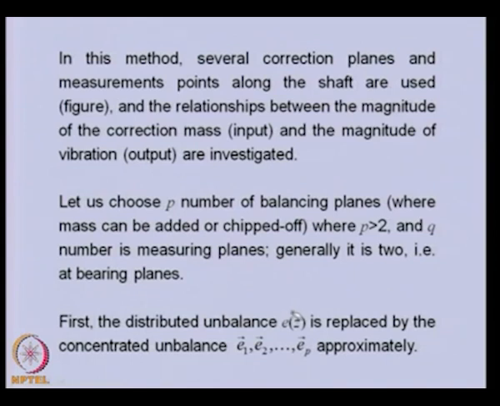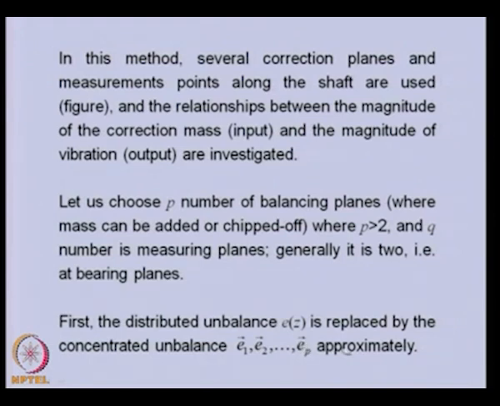Now, let us assume that the rotor is having residual unbalance which is distributed along the shaft as e(z). So, a continuous rotor will be having this kind of variation of the unbalance. Now, we are replacing this particular unbalance with an equivalent concentrated unbalance, that is p number of unbalances. Basically, we want to find out, corresponding to this distributed unbalance which is actually present in the rotor, what is the equivalent of that if we want to keep it in those correction planes which we have chosen, so that we can balance the rotor.